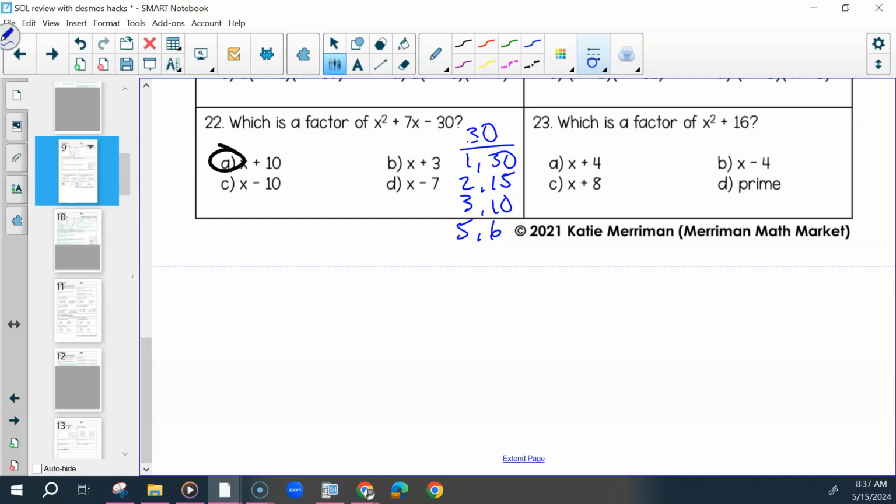But then you would look at which one would give you positive 7. If I do negative 3 and positive 10, those two factors would be x minus 3 and x plus 10. And then you can see which one that is. Notice that they gave you a 3, but not the right one.